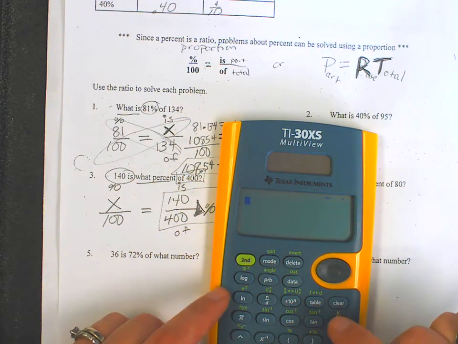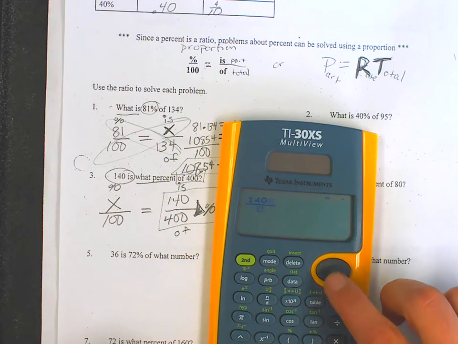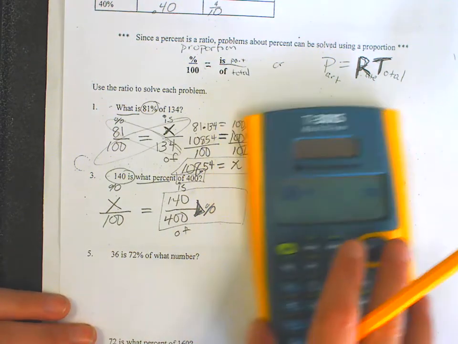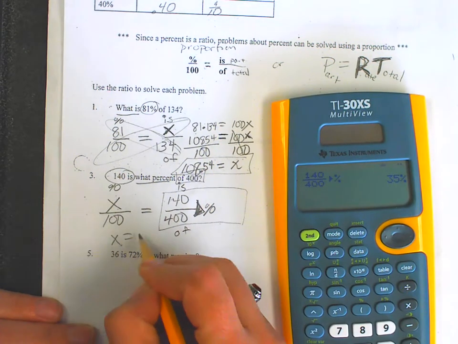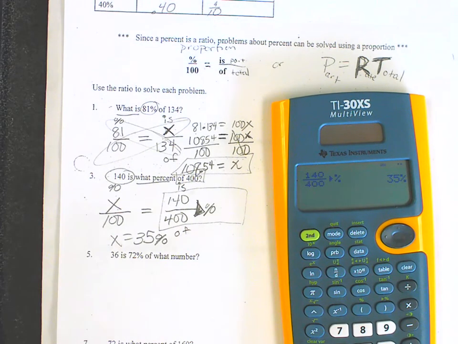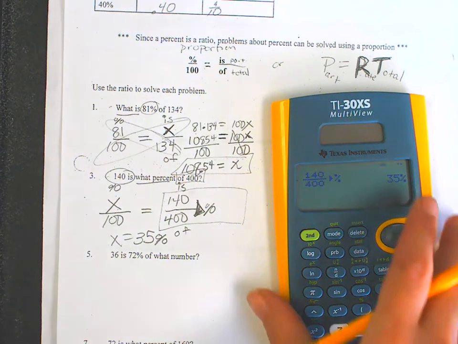That's what I'm doing right now. 140 out of 400, change to a percentage, is 35%. Make sure you write the percent symbol. X is 35%. I could have done this with cross multiplying as well. Remember, you're only writing the percent symbol when they ask you what is the percent. Okay, next one on the list.